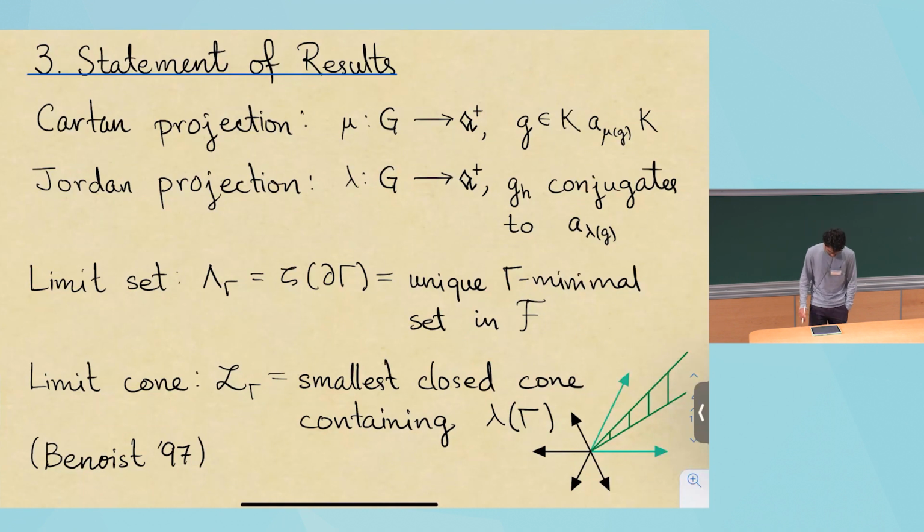And so this turns out to be the image of the Gromov boundary by this boundary map. And the limit cone, we can describe it as the smallest closed cone containing these Jordan projections. And this will be a convex cone.